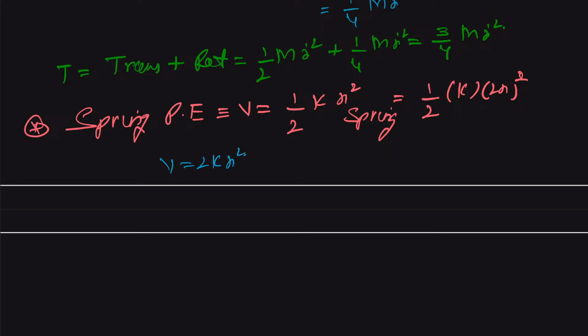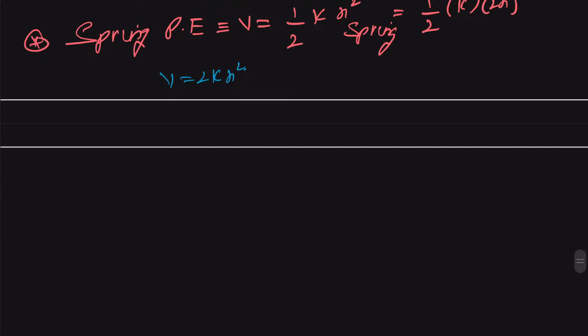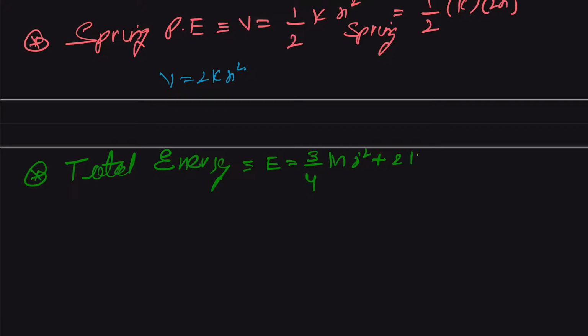And therefore the total energy E will be equal to 3 by 4 m x derivative square plus 2 k x square.